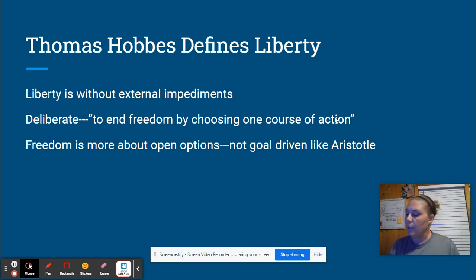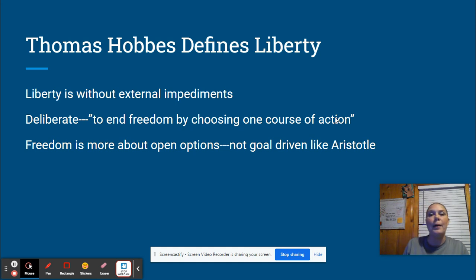Hobbes' attitude toward deliberation is telling because he apparently thought that freedom was not the successful consummation of a goal-driven activity, like it was for Aristotle, that goal being human excellence or the human good, but the mere keeping open of alternative possibilities for the unobstructed movement of physical bodies.